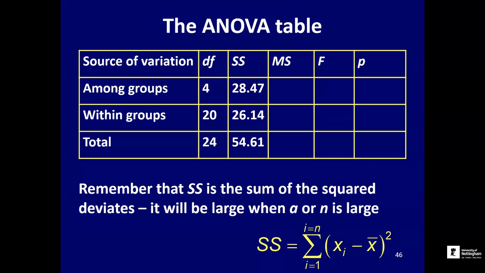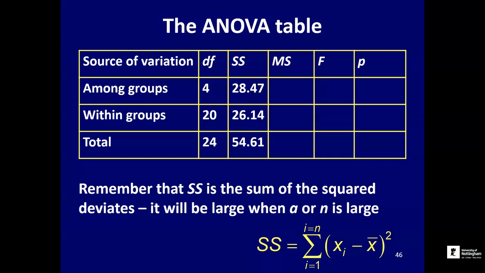A key thing to remember at this point from earlier lectures is that the sum of squares just keeps on getting bigger the more data you've got. So we want to control for that by dividing it through by something, the sample size. In this study, the more species we've got, the more data we'll have, and also the more samples within each species we've got, the more data we'll have.